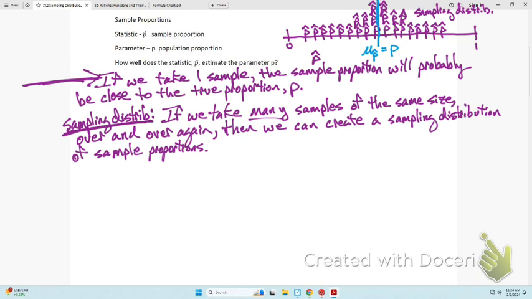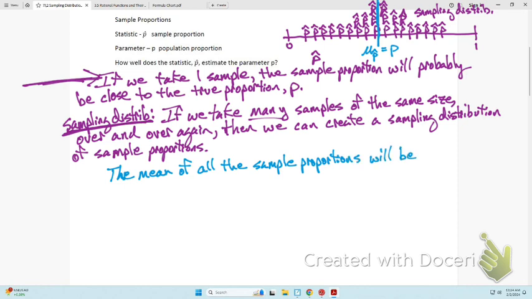Let me write that out in words. The mean of all the sample proportions, these are hypothetical, by the way, will be equal to the true proportion.